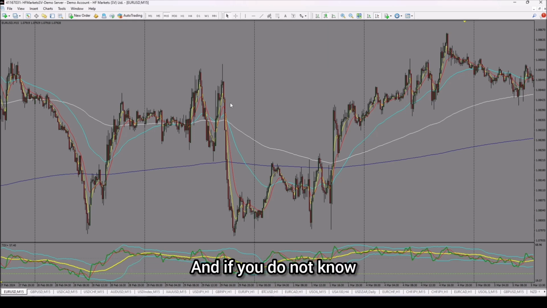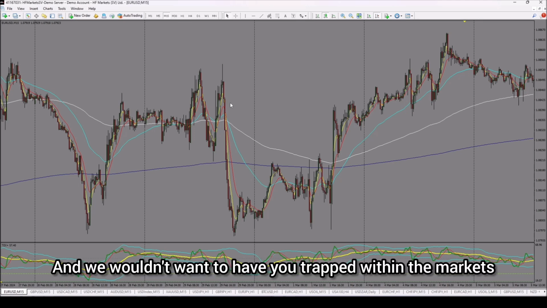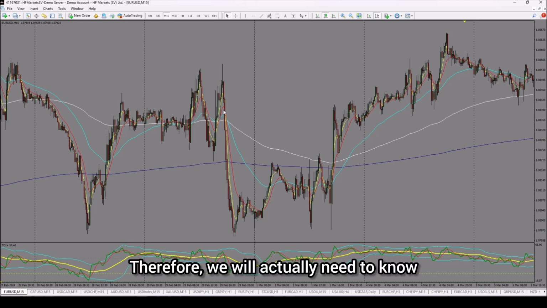If you do not know when to take them or which ones to take, you will definitely be trapped. Being trapped is the worst thing that you can do, and we wouldn't want to have you trapped within the markets. Therefore, we need to know the exact positions to expect them.